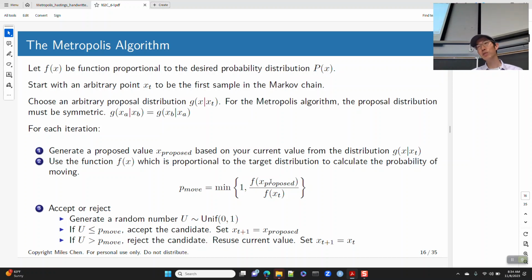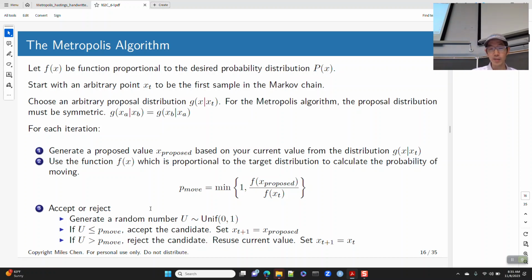But we could have also just used the population of the island, which is proportional to it. We could have said 5,000 divided by 4,000 or something, okay? And that will determine our probability of moving. And then we either go there or we don't, okay? We'll generate a random number u, and if it's less than or equal to p move, we will accept the proposed location, and x at time t plus 1 will be our proposed value.